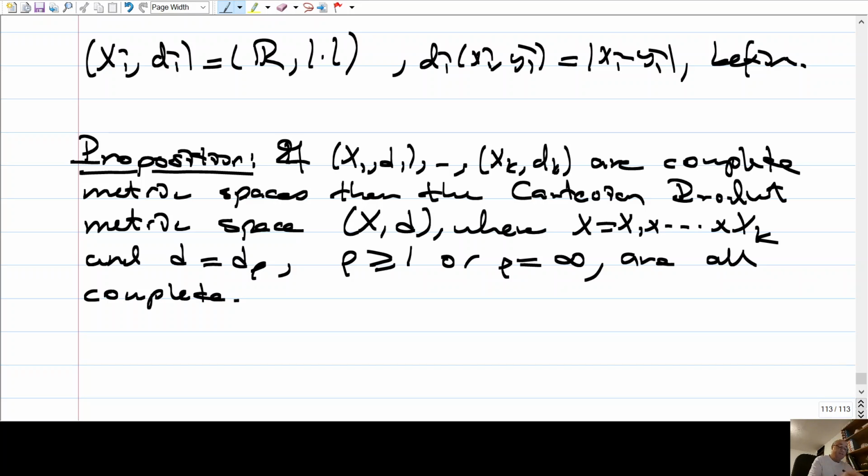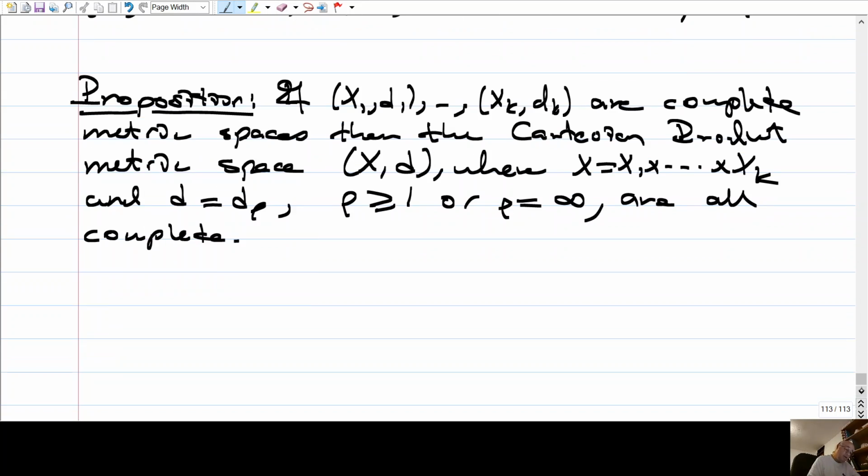Since these metrics are equivalent, if one of them is complete, then all of them are complete, because the way you measure things are almost the same. One of them is a multiple of the other metric. So the epsilon delta definitions, which is satisfied by one of them, will be satisfied by all of them.